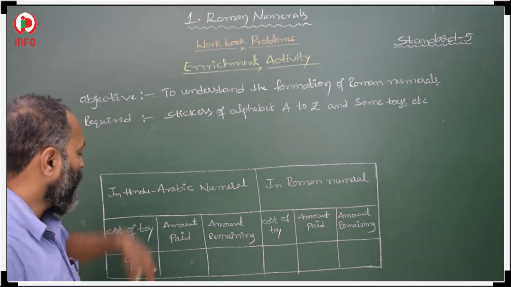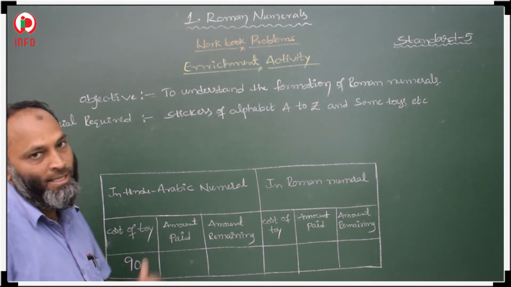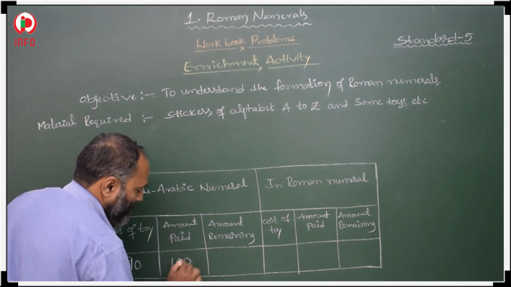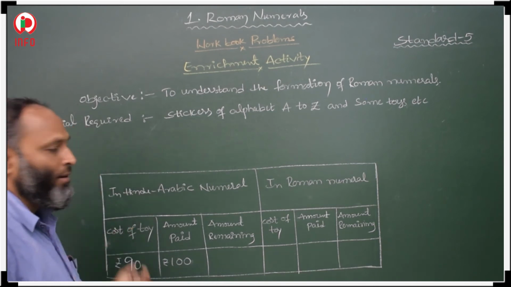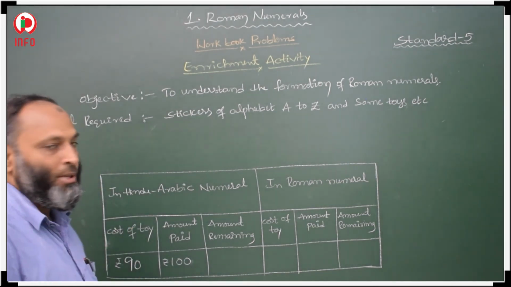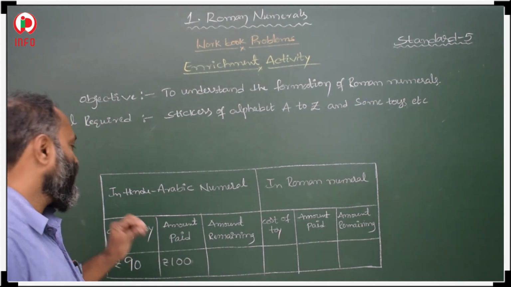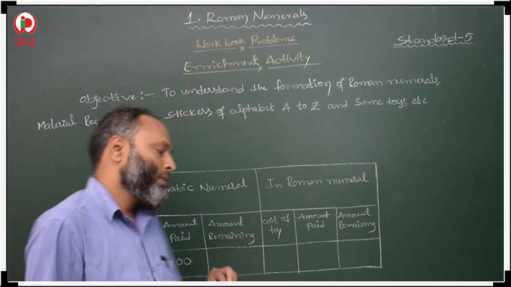Then another student came and wanted to purchase the toy, and he paid 100 rupees. The actual cost of the toy is 90 rupees, and he paid 100 rupees. Then how much amount should he pay back to him? 10 rupees.